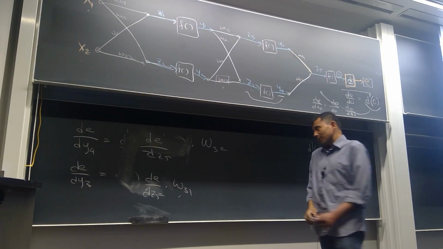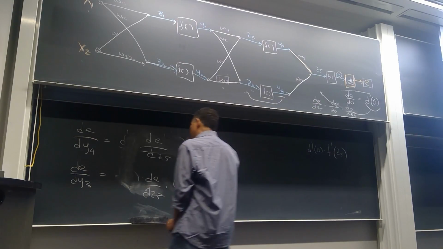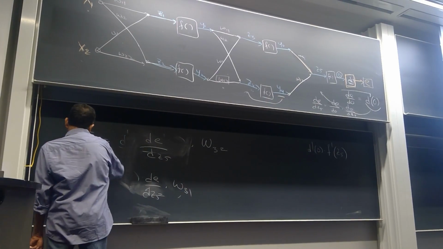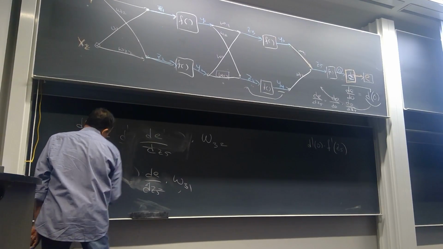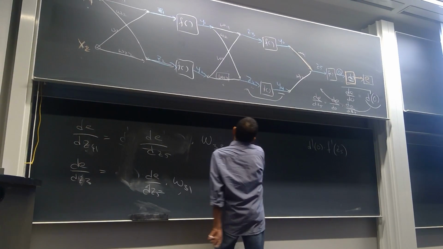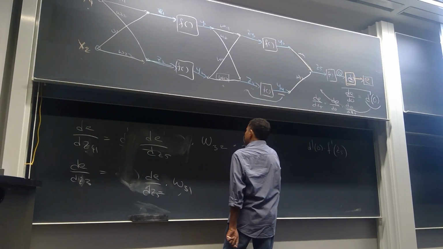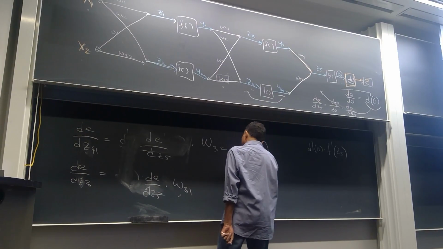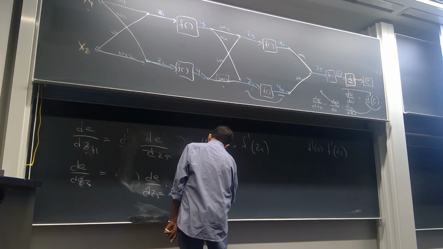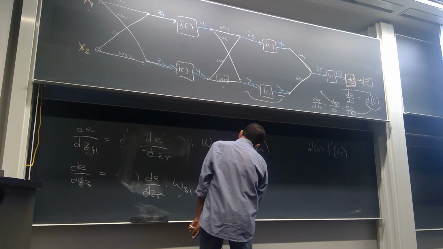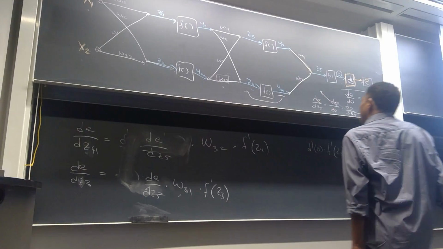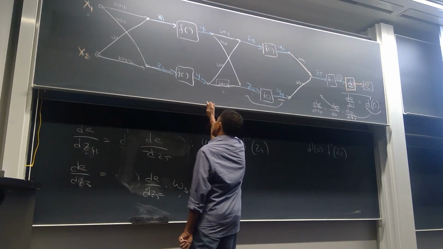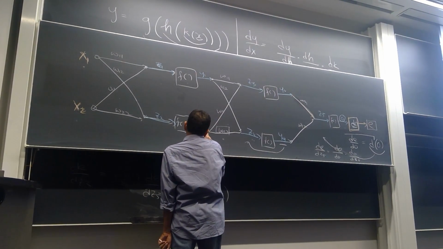So this is easy again. So if I want to have the derivative with respect to Z4 and Z3, I just have to multiply this again with F prime Z4 and F prime Z3. This is easy, right?